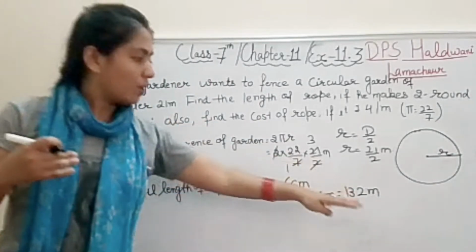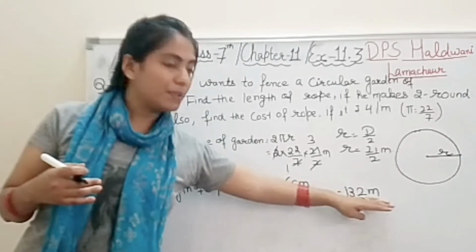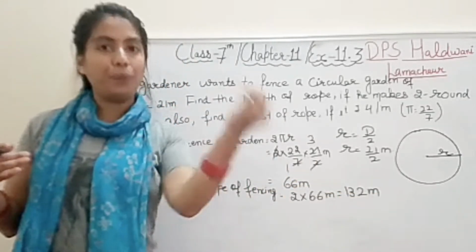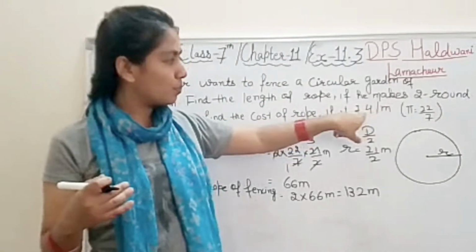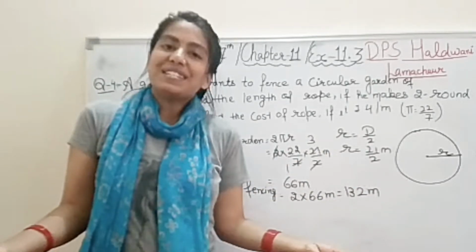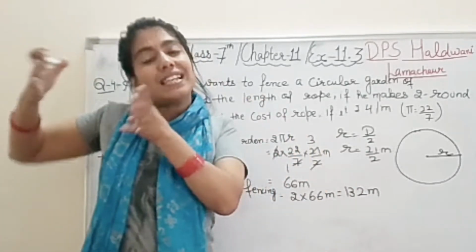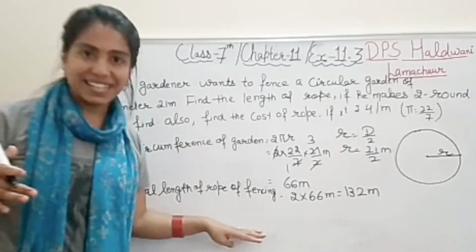Right? Now also you will find out the cost. You have to find out how much cost you have to pay for this much rope. Given to you is rupees 4 per 1 meter. So for this much rope, how much will it be? You will multiply. These are just basic things, used every time in the questions. Right student?